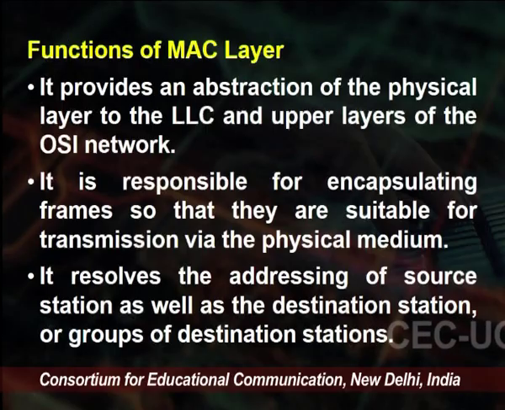On the basis of those MAC addresses, it resolves the addressing of source stations as well as destination stations. That means the MAC sublayer on both the sender and receiver sides looks into the address of the source station on the sender side and the address of the destination station on the receiver side, or a group of destination stations, depending upon whether your address is unicast, multicast or broadcast.